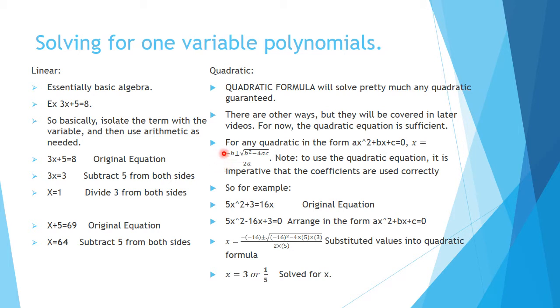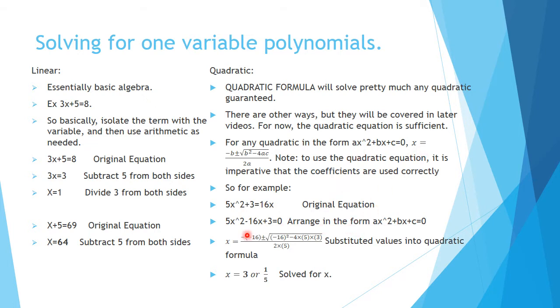In order to use the quadratic formula, you have to arrange the terms correctly. They must be in the form ax squared plus bx plus c. So for example, 5x squared plus 3 equals 16x. We can't use the quadratic formula right now because it's not in this format.